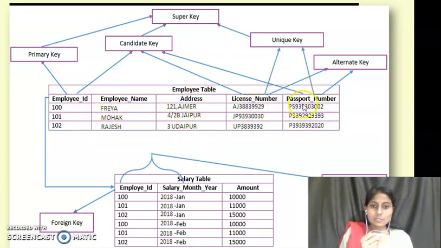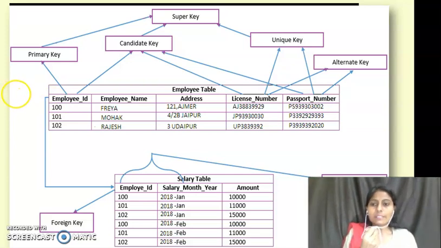These are the columns of the employee table, and here I will clarify which column plays the role of which type of key. So here the employee ID column will play the role of the primary key because this column contains no duplicate records, and this column is used to identify the unique record in a table.